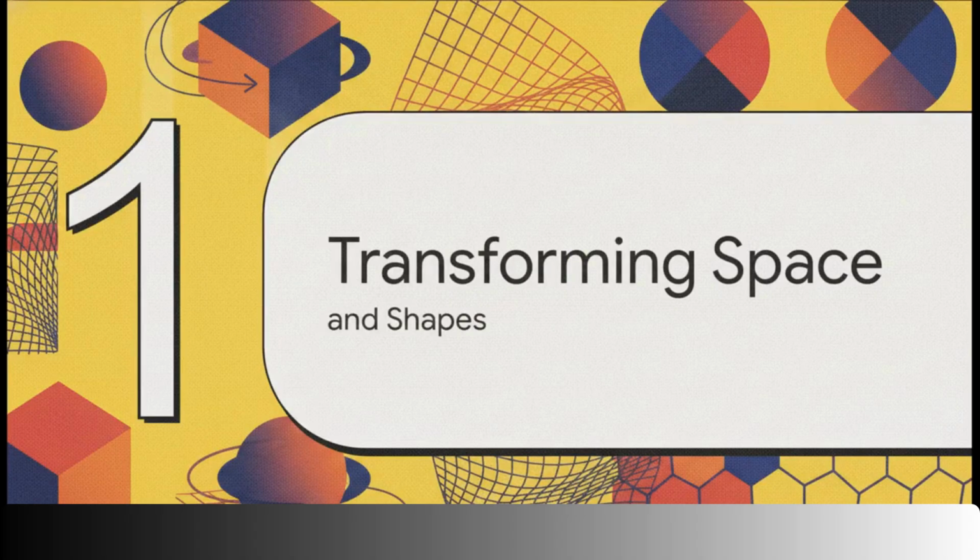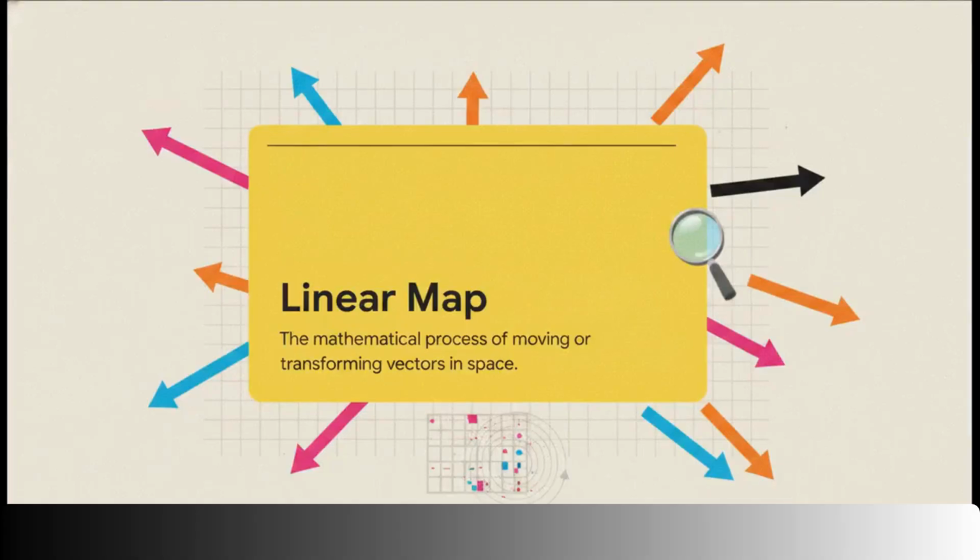Part 1, Transforming Space and Shapes. To answer that massive question, we first need to define our core concepts. According to the researchers at Labelbox, we really just need to think about two basic building blocks. First up is a vector.